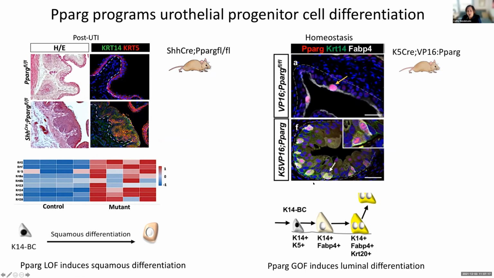Here you see these superficial cells forming in the basal layer after expressing this K5 CRE-ER VP16 PPAR gamma, which is an activated PPAR gamma. So what we think happens is, in one case, the basal cell progenitors are making squamous cells. In this case, they're converting directly into superficial cells.